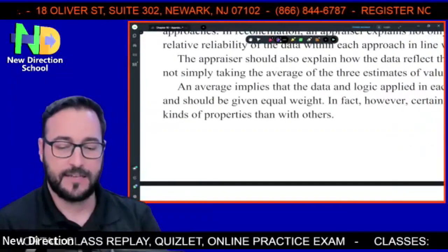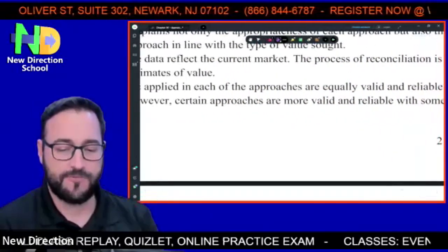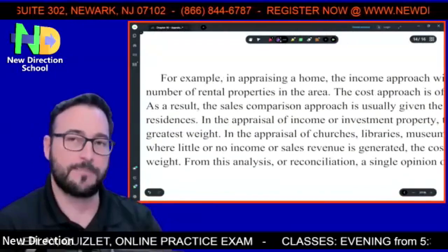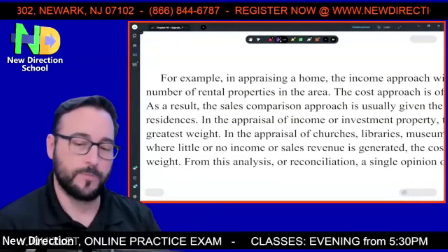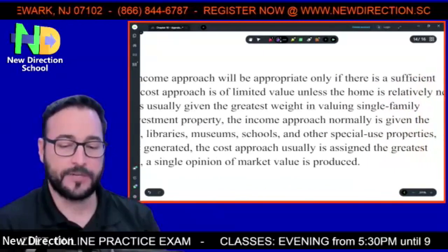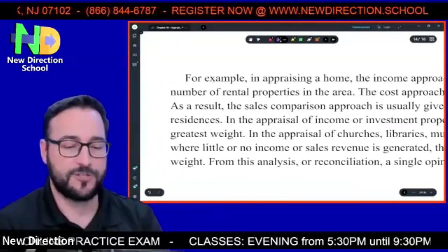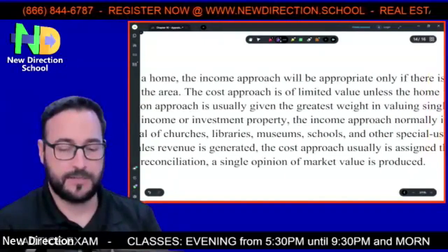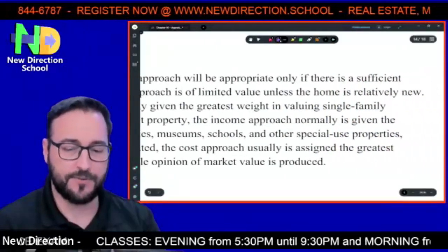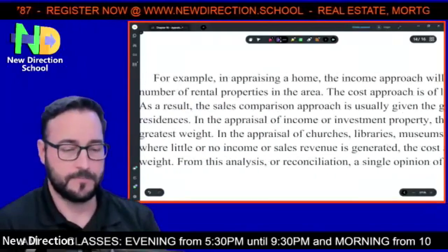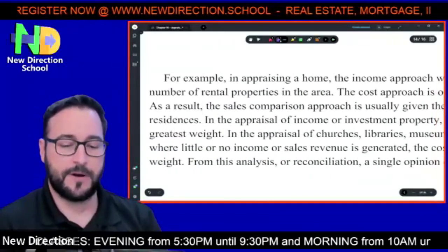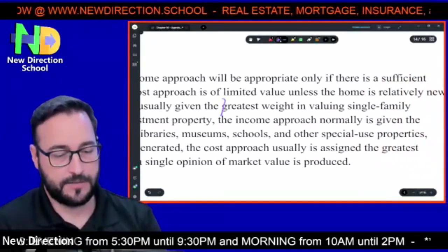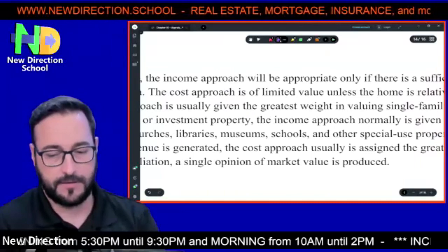In fact, certain approaches are more valid and reliable with some kinds of property than with others. For example, in appraising a home, the income approach will be appropriate only if there is a sufficient number of rental properties in the area. The cost approach is of limited value unless the home is relatively new. As a result, the sales comparison approach is usually given the greatest weight in valuing single family.